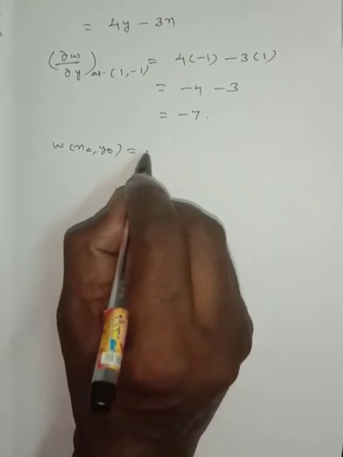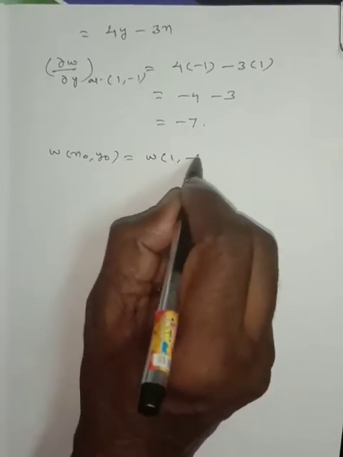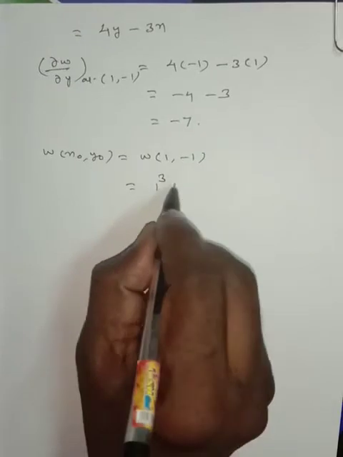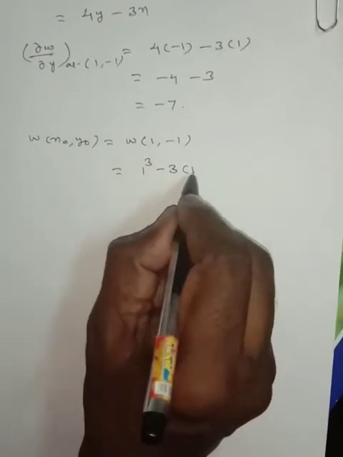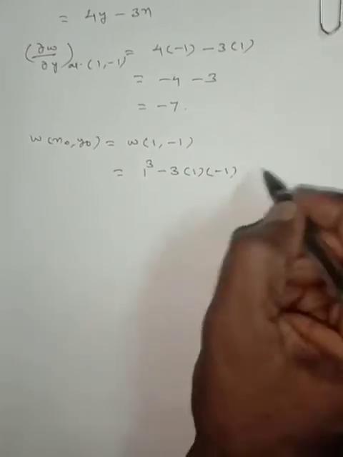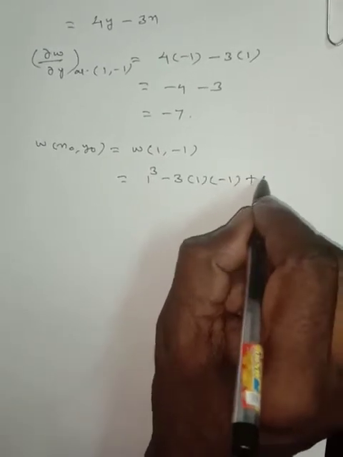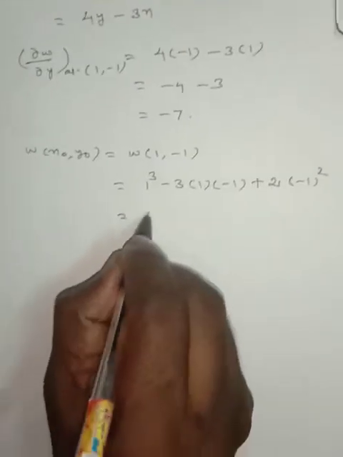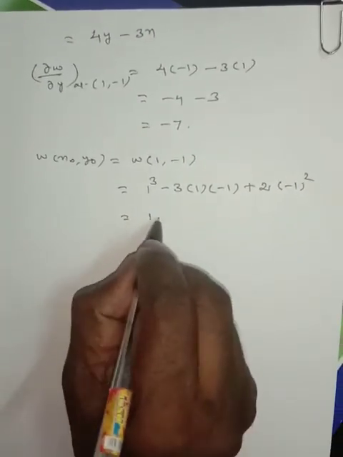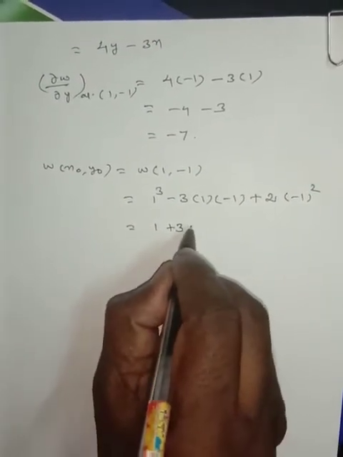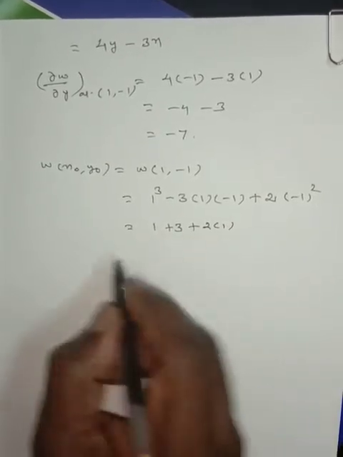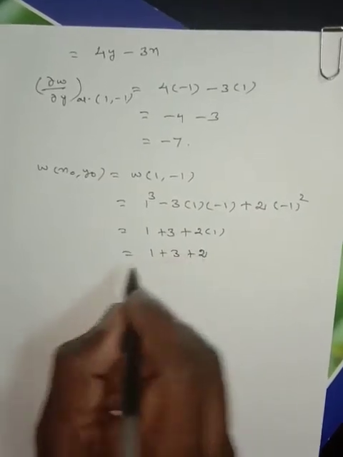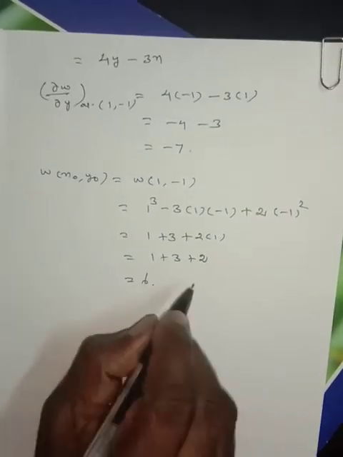So w of 1 comma minus 1 is equal to 1 power 3 minus 3 into 1 into minus 1 plus 2 into minus 1 whole square, is equal to 1 plus 3 plus 2 is equal to 6.